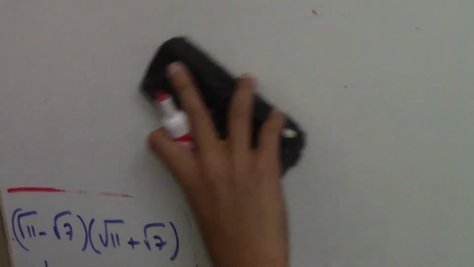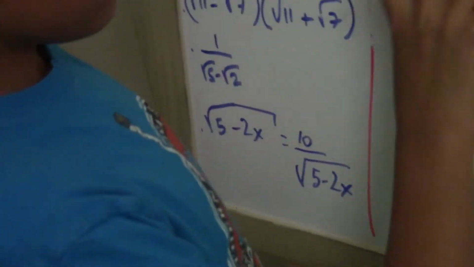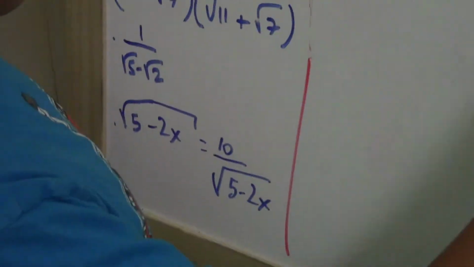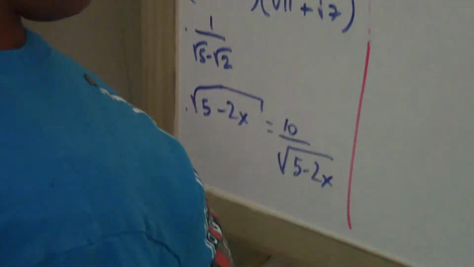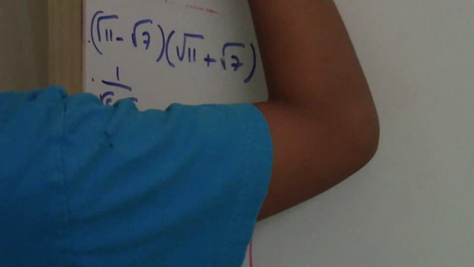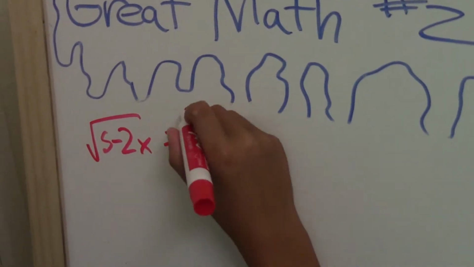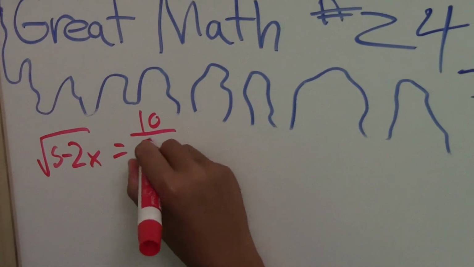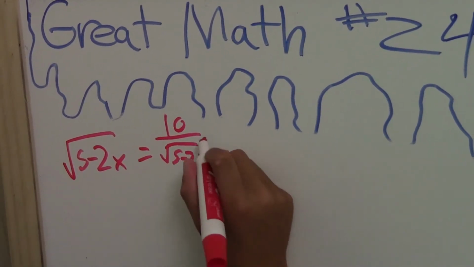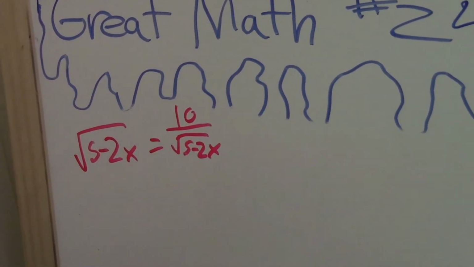And let's move on to the next one. The square root of 5 minus 2x is equal to 10 over the square root of 5 minus 2x. Okay, so now we don't have to multiply by 1.